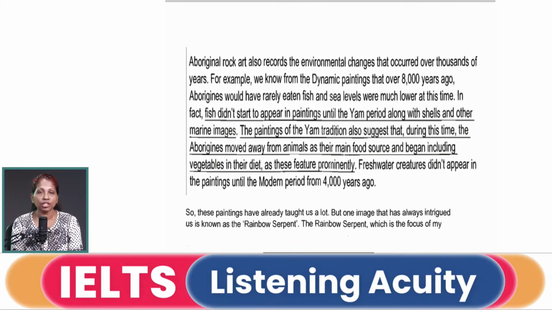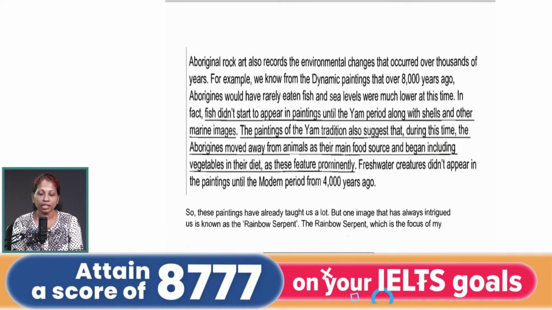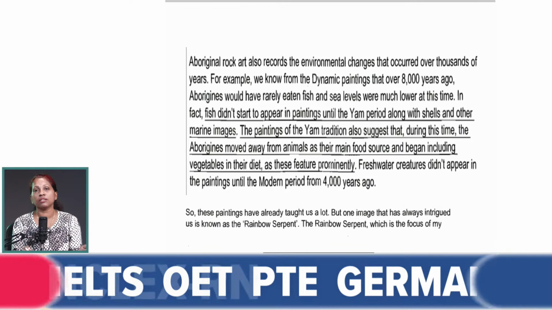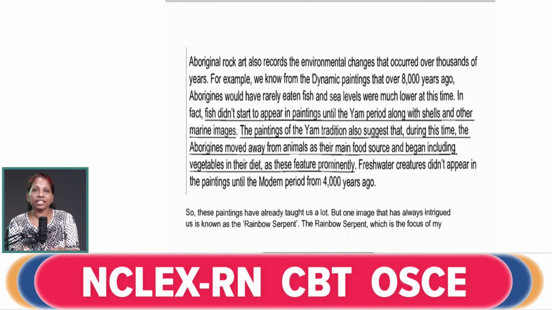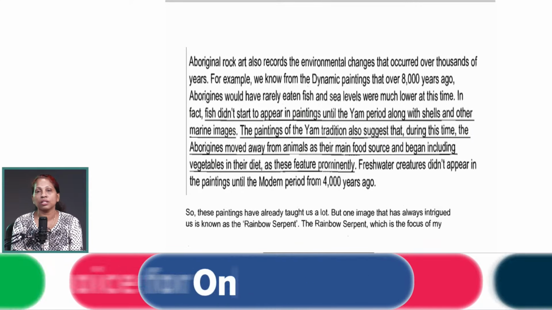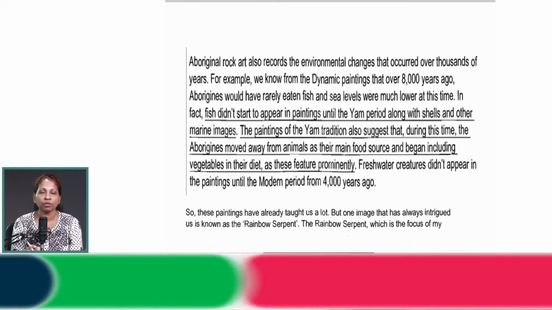So now you can see fish is a marine creature. It's an animal which lives in the water, right? So Aborigines would have rarely eaten fish and sea levels were much lower at this time. We're telling about dynamic paintings that 8,000 years ago, they never knew what fish was. So when they don't know something exists, how will they paint it?